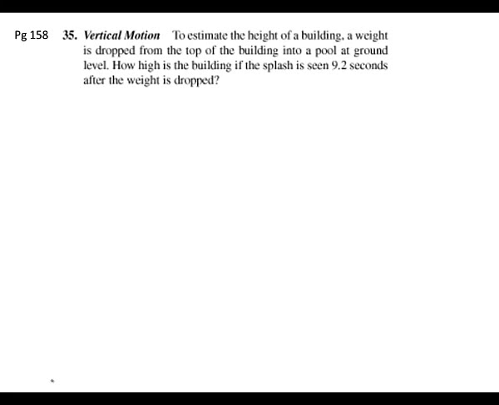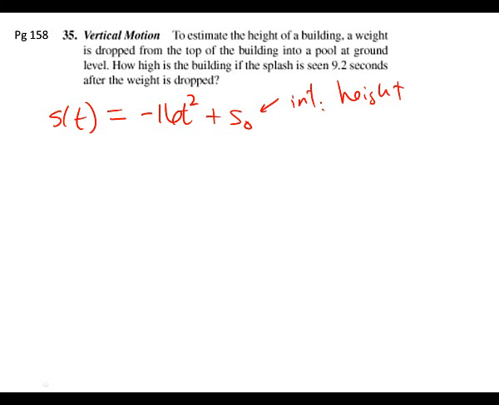And there is a funky equation that they don't give us. Okay. So the position equation due to gravity, and it's in the book somewhere, they just didn't give it to us in the review part of the chapter, is this. And that means the initial height. Okay? So what they want me to do is, first of all, we need to know how high the building is if the splash is seen 9.2 seconds after the weight is dropped.